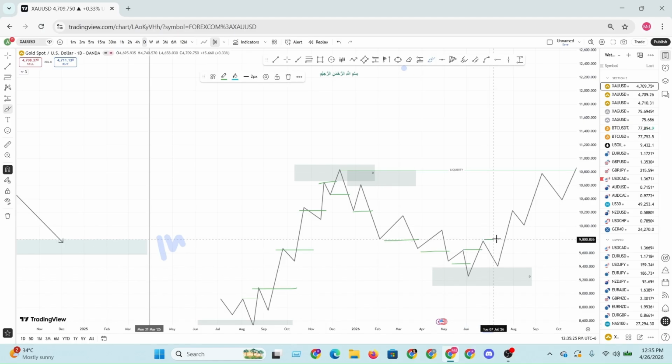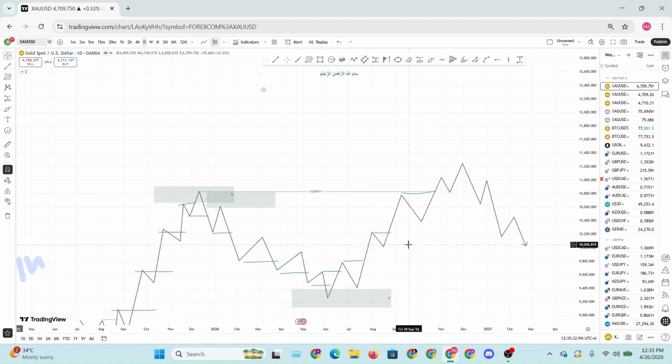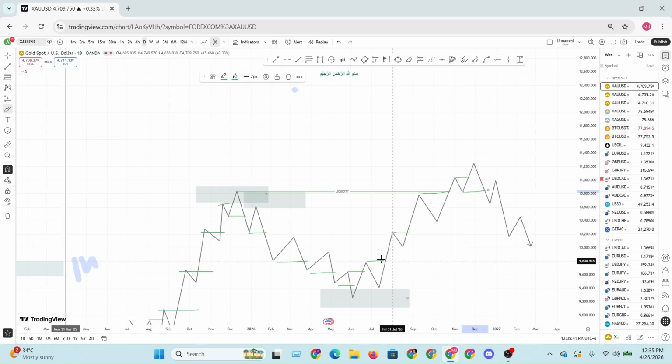See, higher high, higher high, higher high, it broke all the higher highs. I hope you understand what the market structure shift is and how we place the entries.